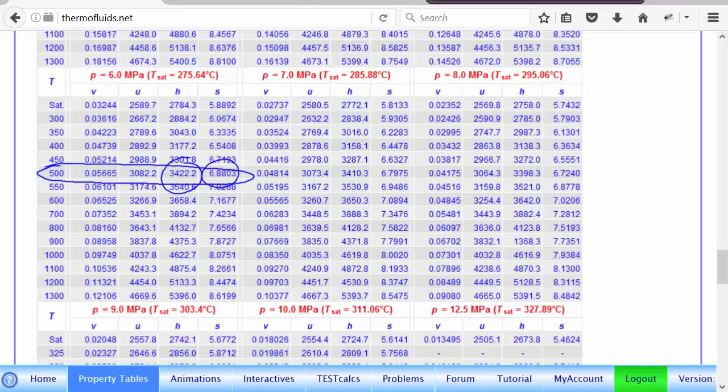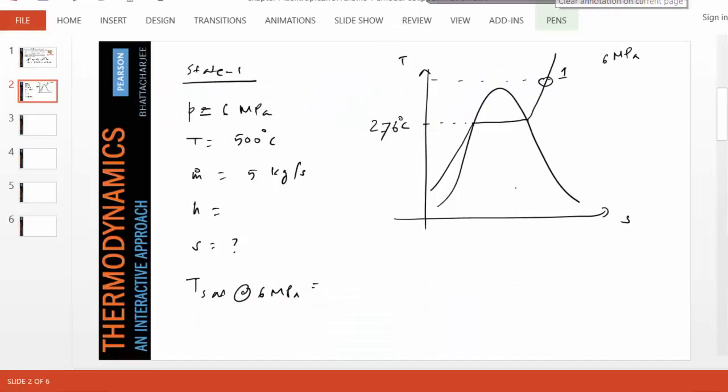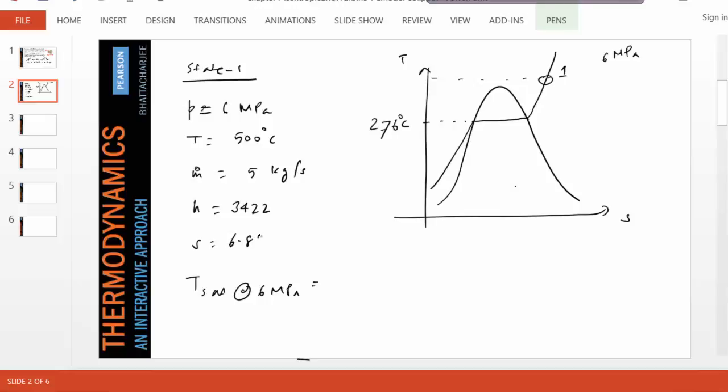So I'll write those numbers down: enthalpy is 3422 and entropy is 6.88. We'll not put down the units here because these are standard SI units.